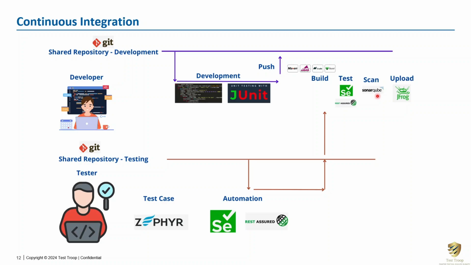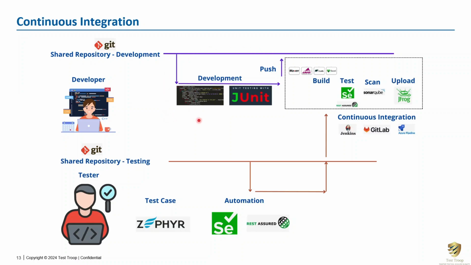If all these activities pass, then the code is allowed to be packaged and uploaded into packaging repositories like JFrog. If any of these activities fail, then the code is not allowed to integrate into the shared repository. This process ensures that the application remains in a deployable state at all times.